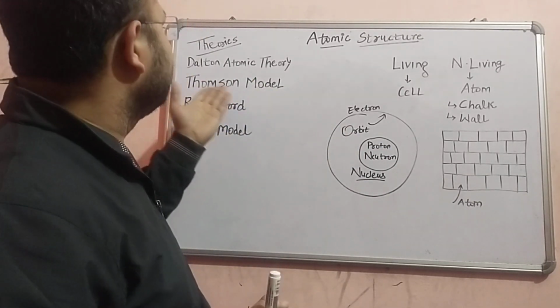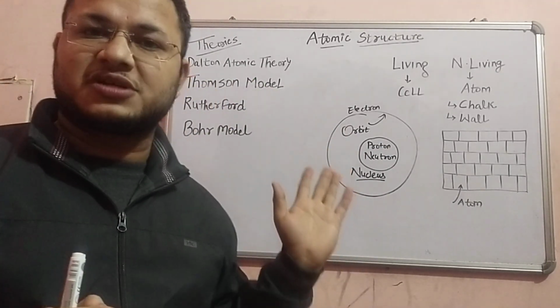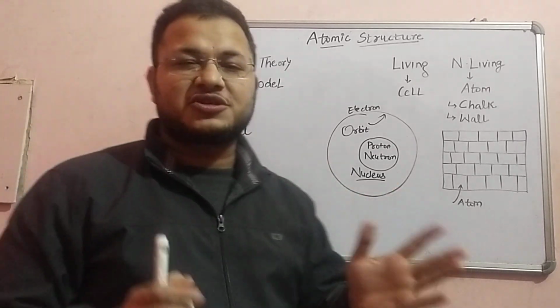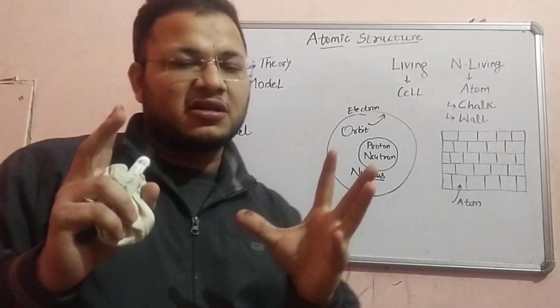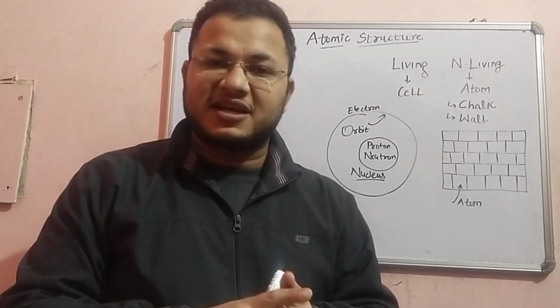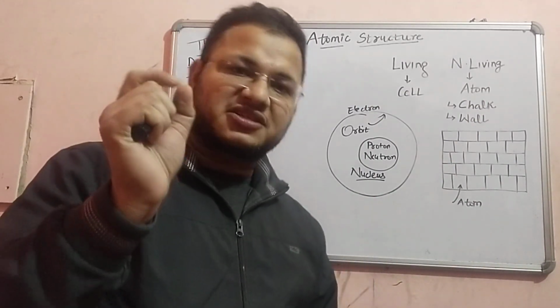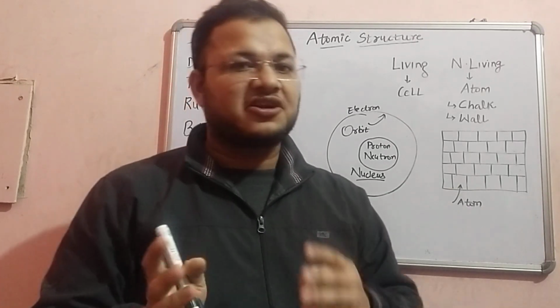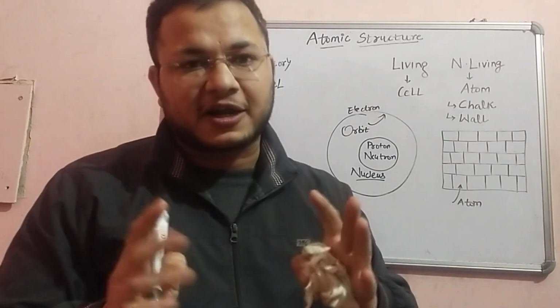Then came another model, the model of Mr. J.J. Thomson. He compared his model with a watermelon. As you know, the watermelon contains seeds, the black part, and the remaining eatable part, the red part.